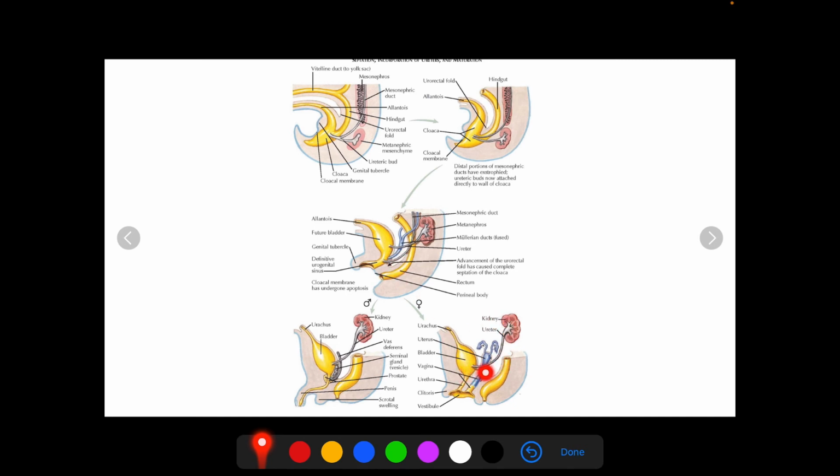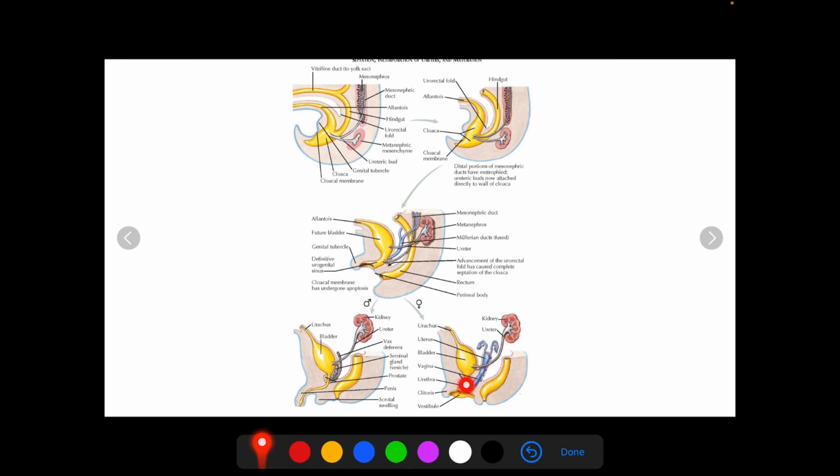in females, both Mullerian ducts bind to each other, and that forms the uterus and fimbriae. The lower part of the vagina is a part of the cloaca. That's why, if they ask about the origin of the uterus and uterine tube and things like that, they originate from the Mullerian duct, and the Mullerian duct originates from the mesoderm.